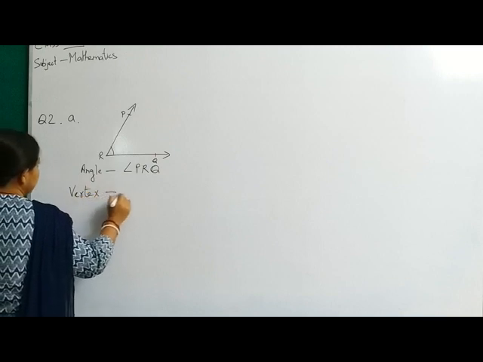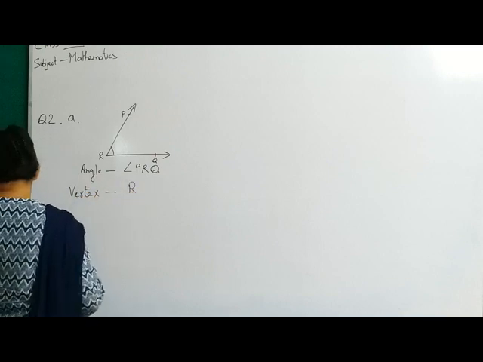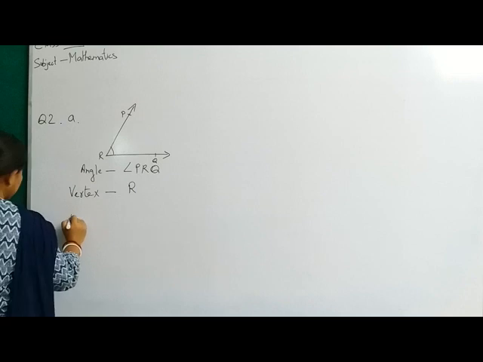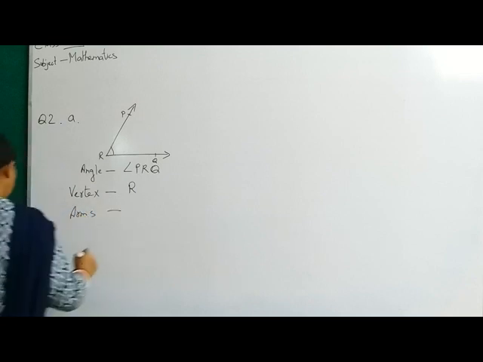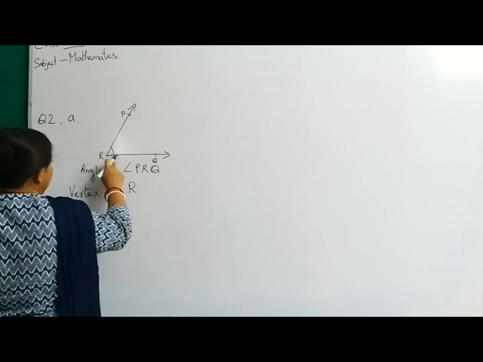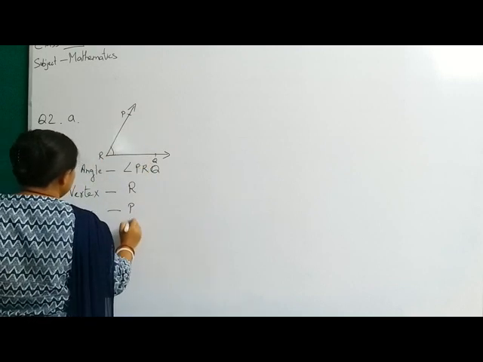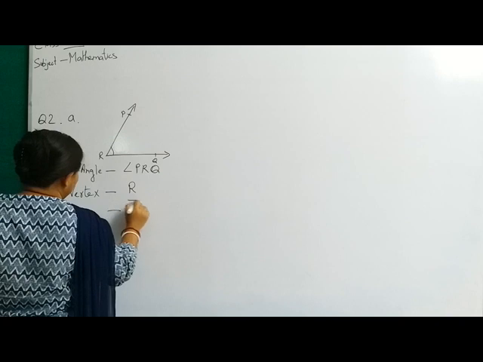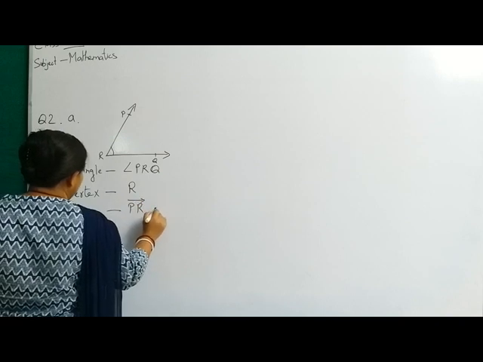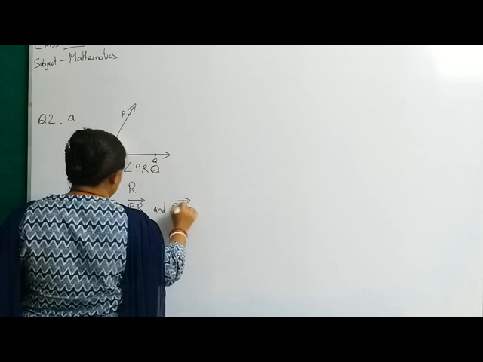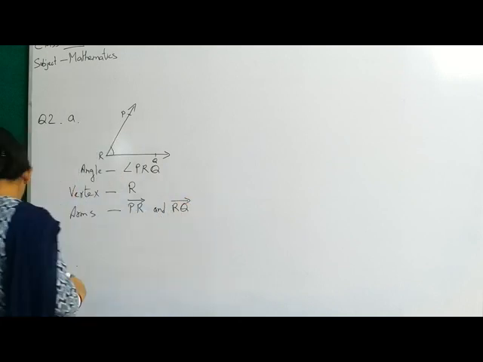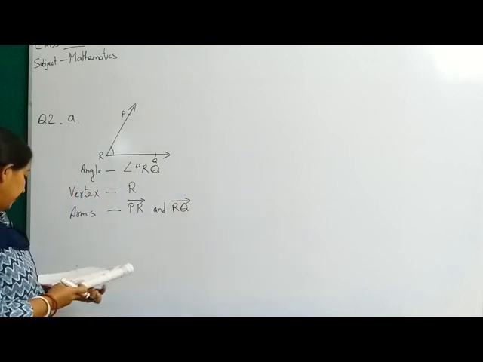The vertex is R. Next comes the arms of the angle. The arms are PR and RQ. These two are the arms of the angle. Similarly, you will try the next two.